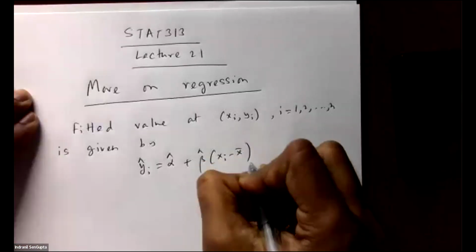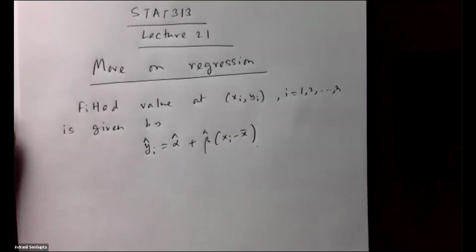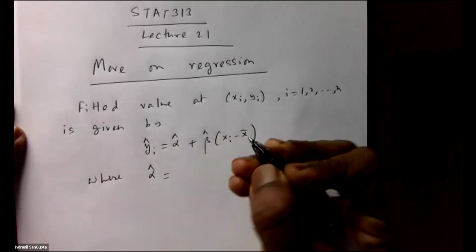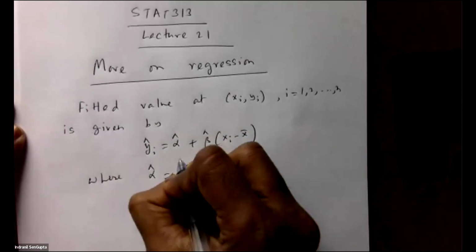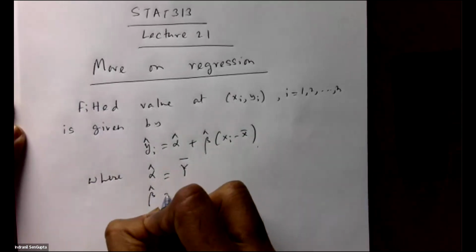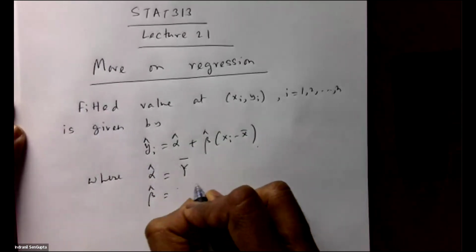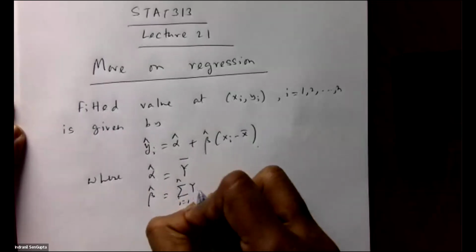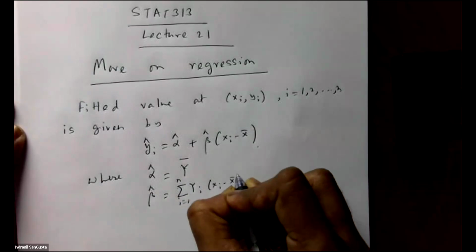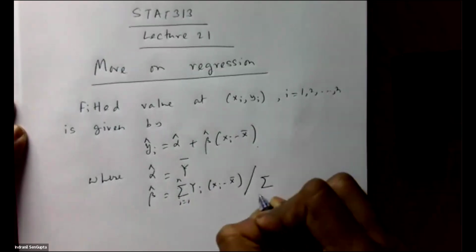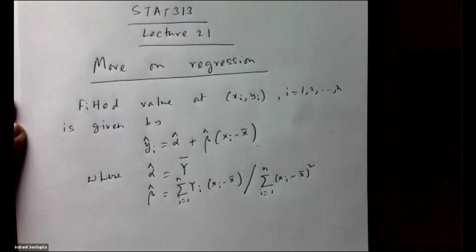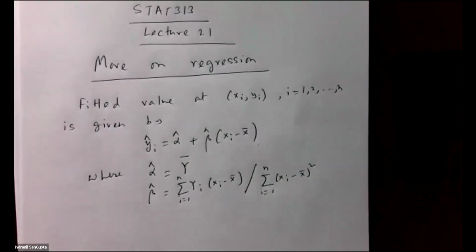Xi minus X bar. And what you have is where alpha hat is Y bar and beta hat, the estimator, is given by summation i from 1 to n yi times (xi minus X bar) divided by summation i from 1 to n (xi minus X bar) squared. Okay. So that is what we found in our discussion last time.